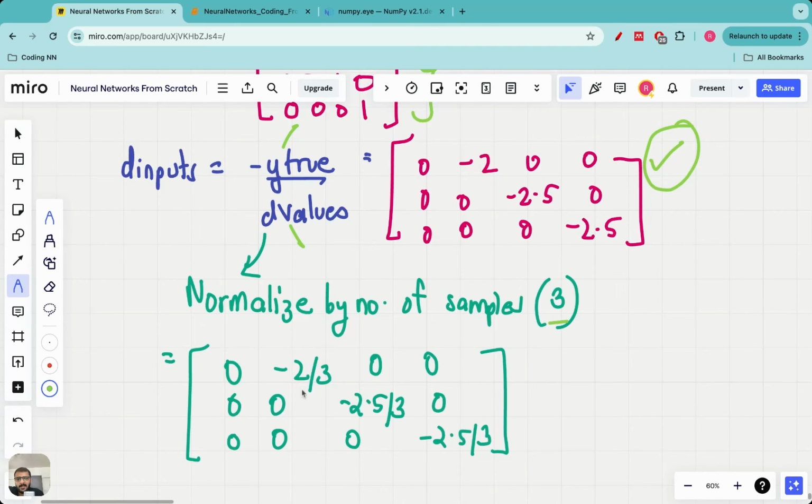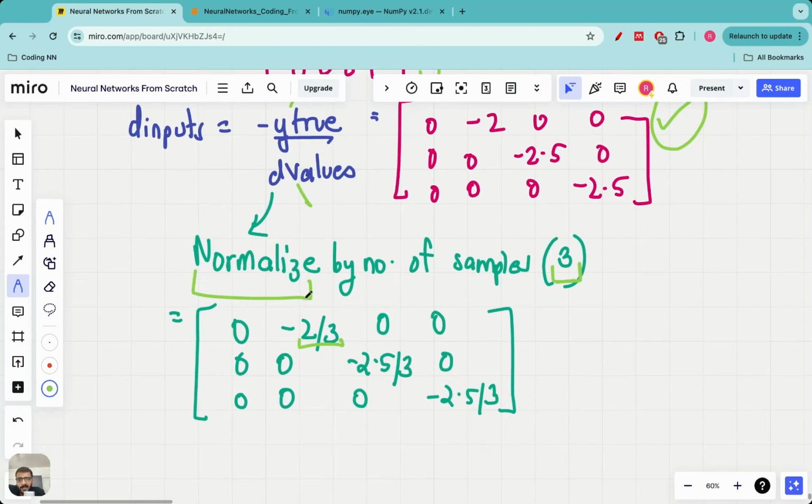So if we divide by the number of samples, then the gradients actually stay in between 0 and 1. And even if we add it by the number of sample times, then it will still not be a very large value. So normalization actually ensures this, and that's why we normalize by the number of samples towards the end.